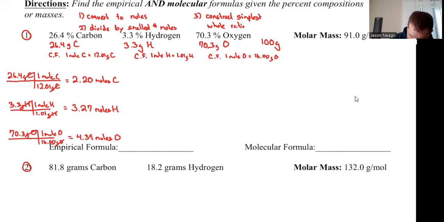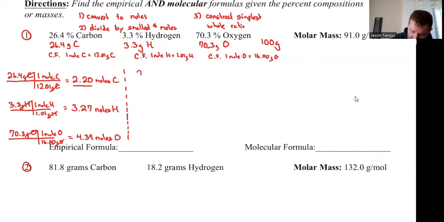So step number two, and I'm going to do a little dotted line here so we can keep everything separate. In step number two, I'm going to look at my values from step number one, and I'm going to divide all of my values by the smallest number of moles. In this case, the smallest number of moles would be my 2.20 moles of carbon. Essentially what I'm doing is creating ratios.